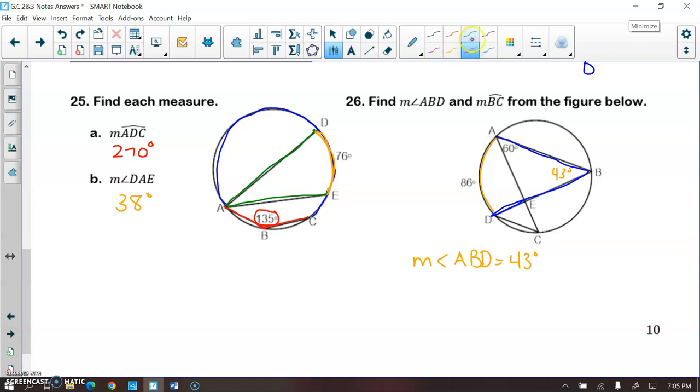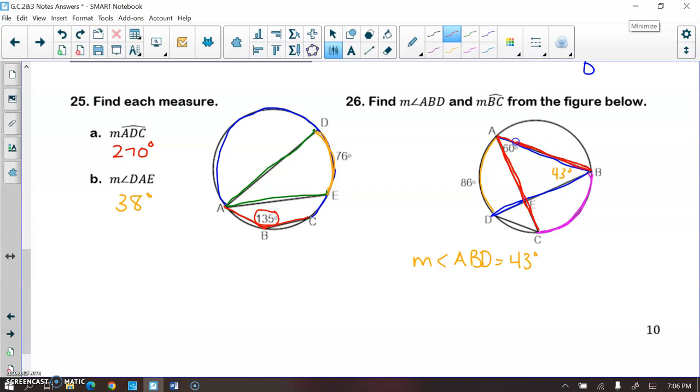Now we want to find the measure of arc BC, which is this one here. That is created by this inscribed angle.